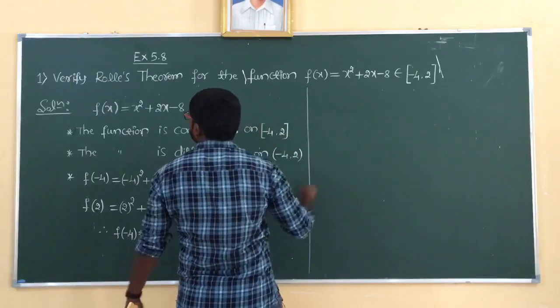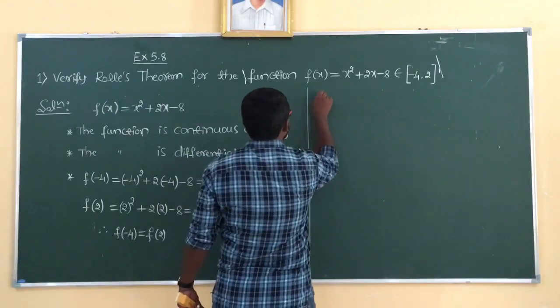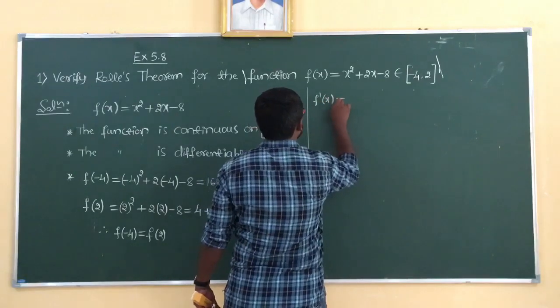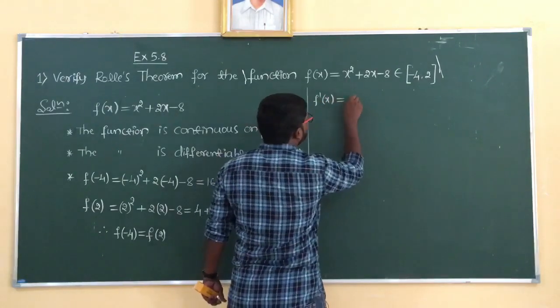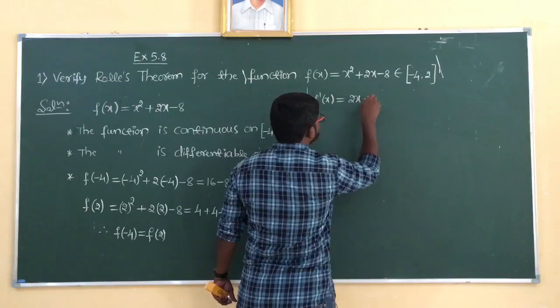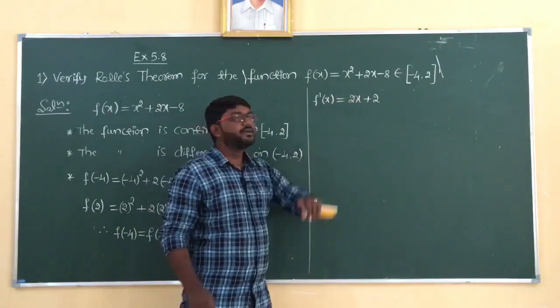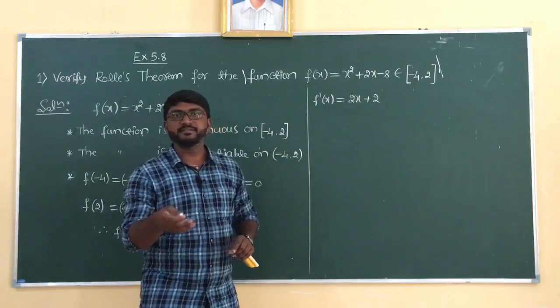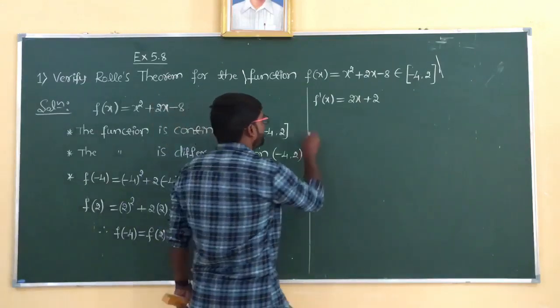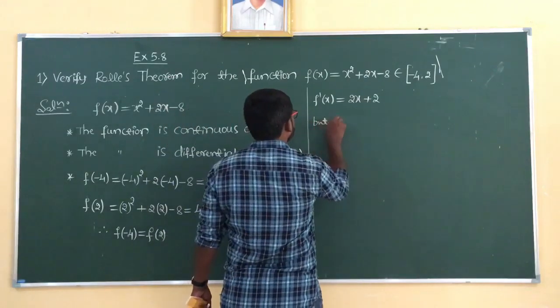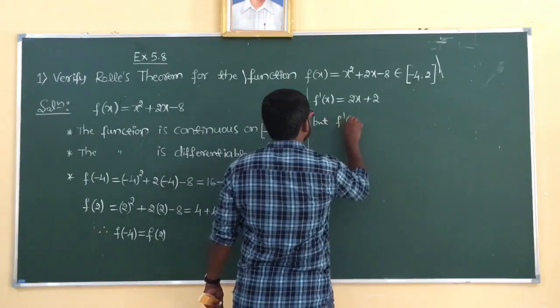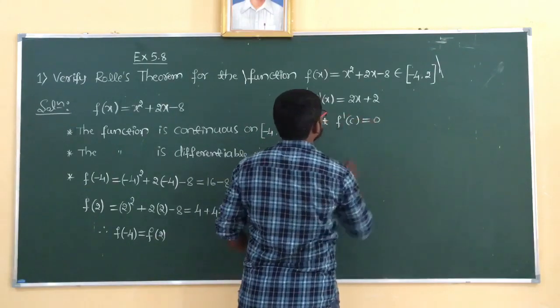So here f dash of x equals, differentiate this: derivative of x square will be 2x plus derivative of 2x will be 2. This is f dash of x, but in Rolle's theorem f dash of c is always equal to 0.